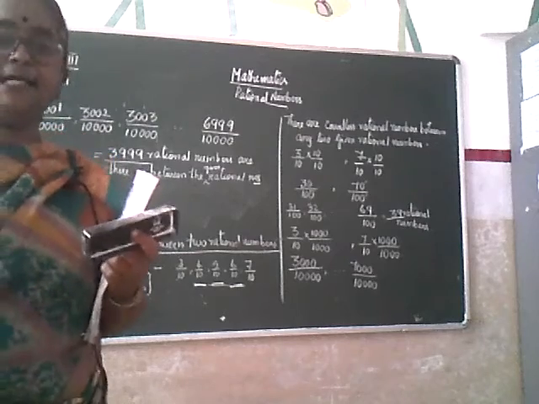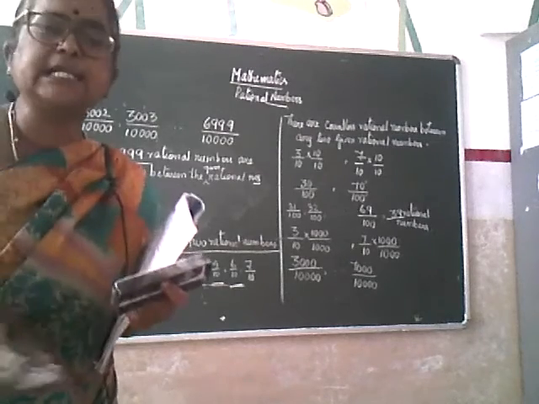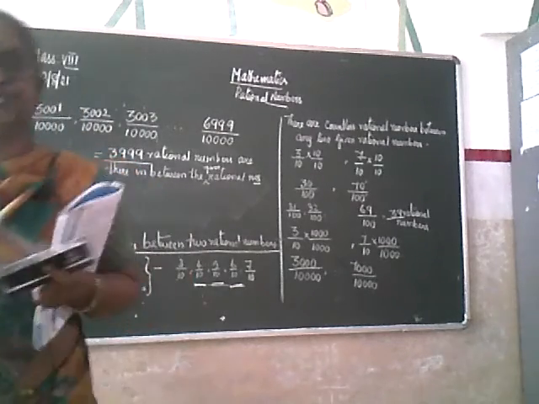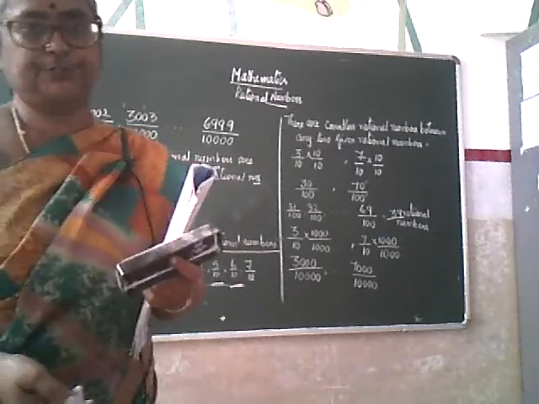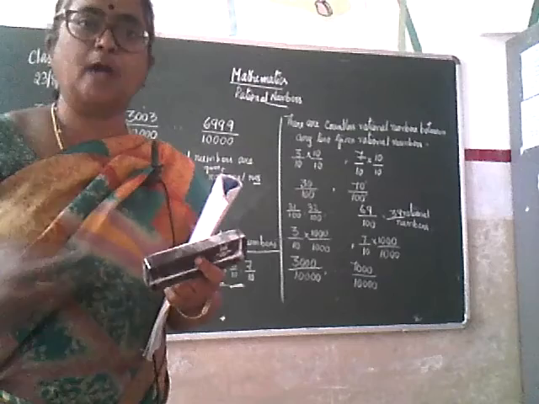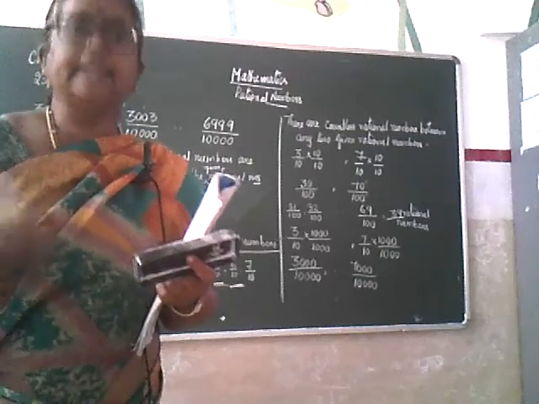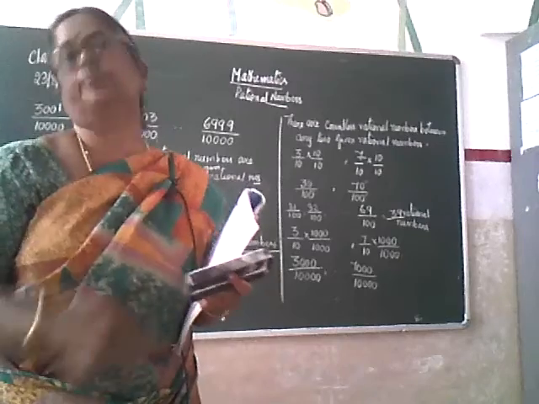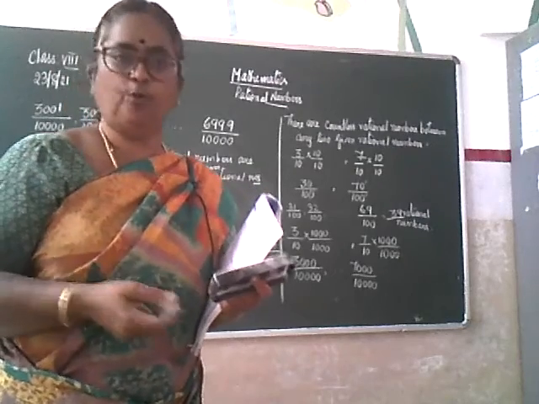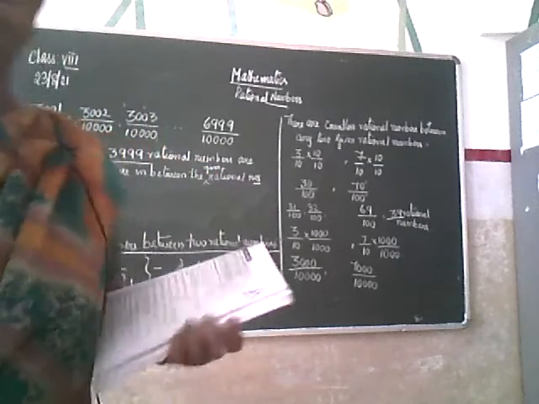Like that you get countless rational numbers between any two rational numbers. When you multiply accordingly, the number of rational numbers you get will vary. Understood now?